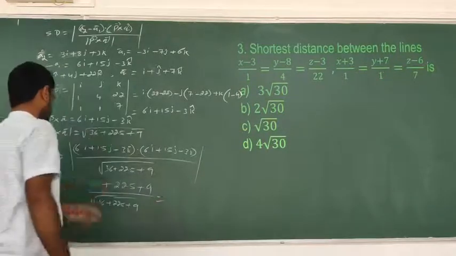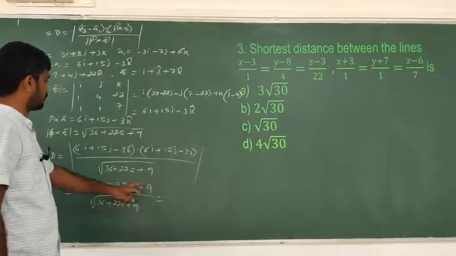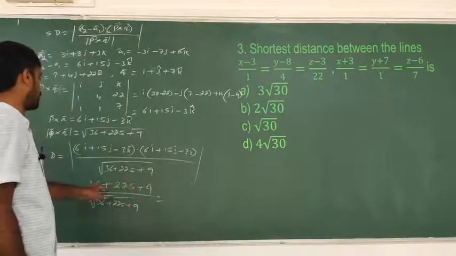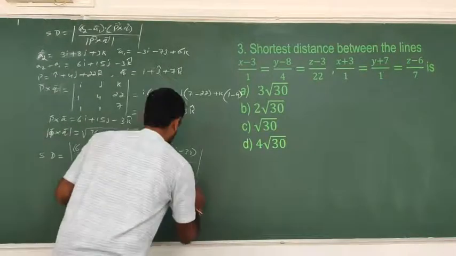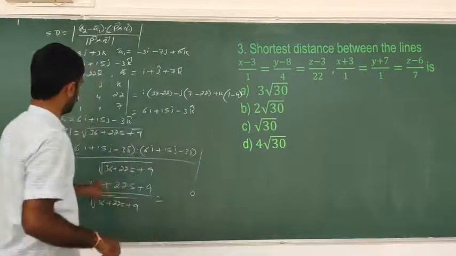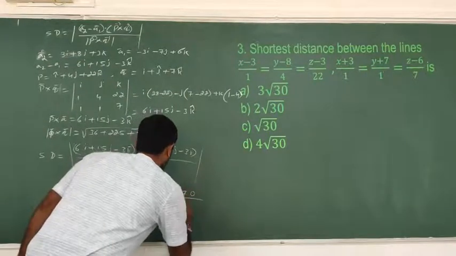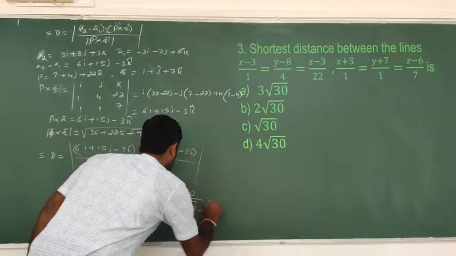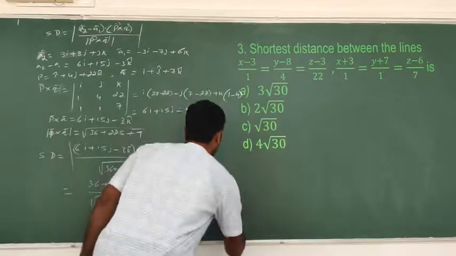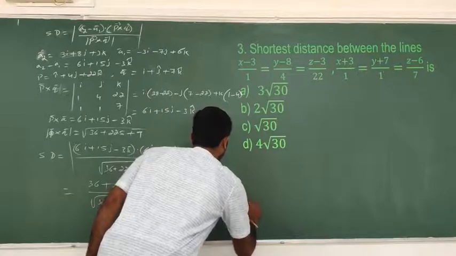So that is 36 plus 225 plus 9, which is 270, so 270 divided by the square root of 270.